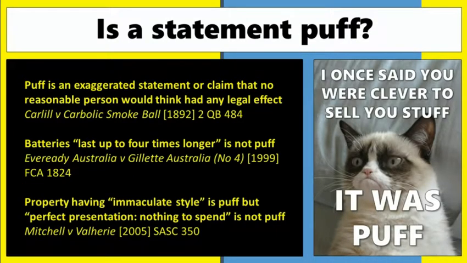Returning to the case of Carlill v Carbolic Smoke Ball, puff is something that reasonable people would never think would be part of a contract. Now, one of the difficulties here, though, is that sometimes exaggerated statements of claim by one party may be not quite so exaggerated in the minds of others.